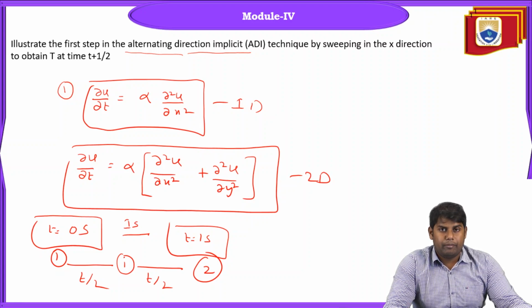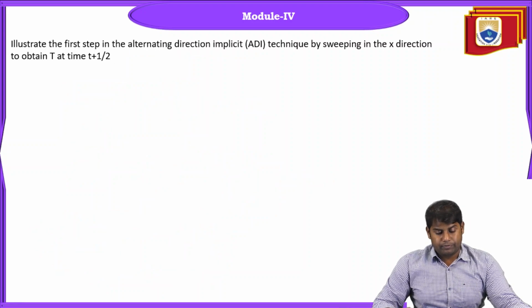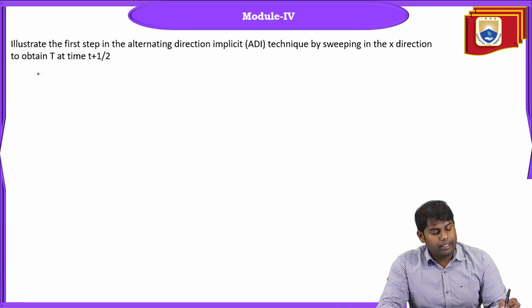In the ADI method, we divide the step into two equal halves. One is between time t equal to 0 and t by 2. The other is from time t equal to t by 2 to time t equal to t seconds. So let us take the initial time value as n.